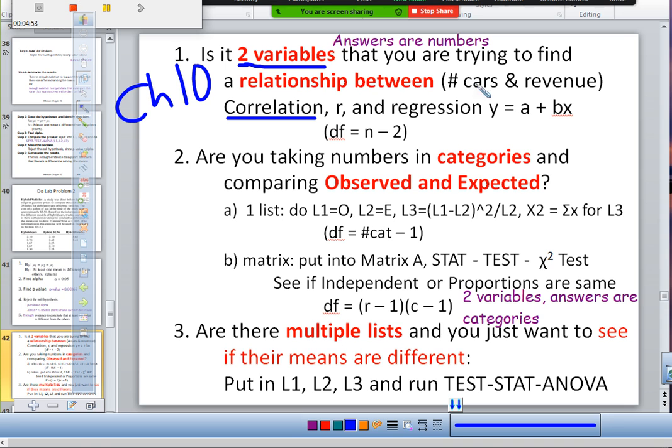They're going to be numbers. If your variable is revenue, your answers again are not going to be things like high or medium or low. If your answers to these are numbers, not categories, then we're looking at chapter 10.